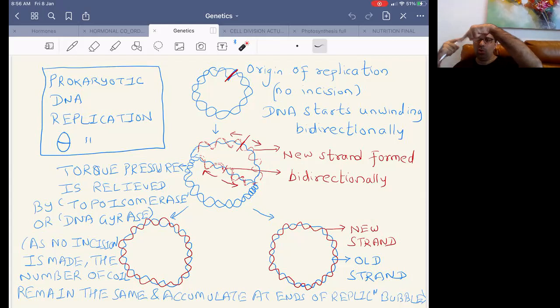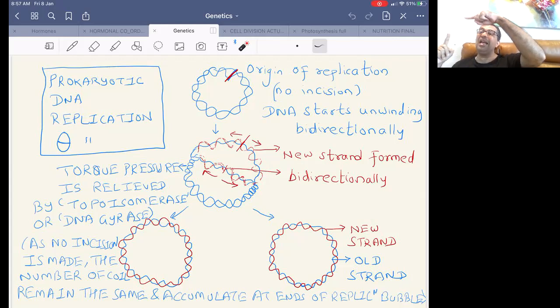यहां पर दोनों स्ट्रैंड्स कॉइल्ड है, एक स्ट्रैंड को कट किया, कट एंड में immediately the DNA strands will uncoil and the torque pressure is relieved. And after the torque pressure is relieved, the two cut ends will stick again. The two cut ends will stick again by the same enzyme called as DNA gyrase or topoisomerase.